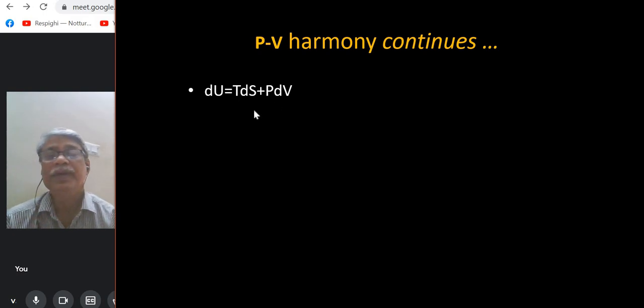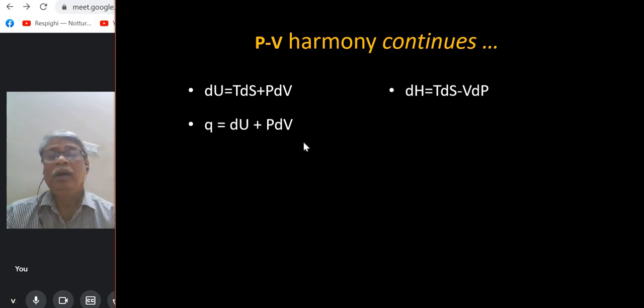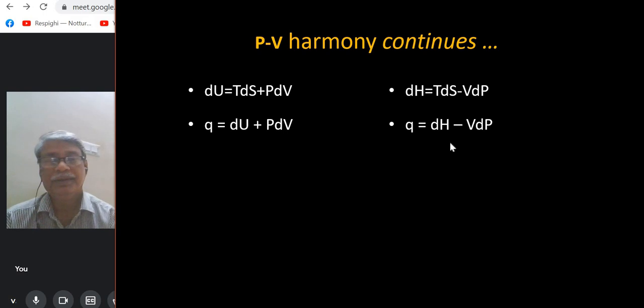So what we expect is dH is TdS plus VdP, and really there is such a relation: dH is TdS plus VdP. We can check it. I have already shown that Q is dU plus PdV, so the similar parallel is Q is dH minus VdP. So PdV is replaced by minus VdP and dU by dH.